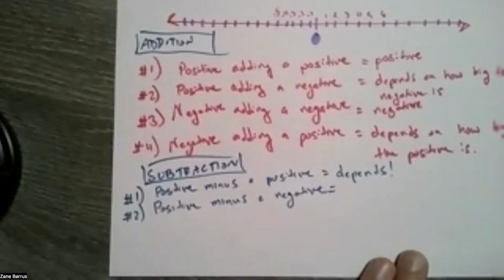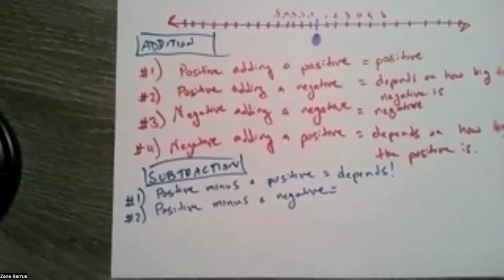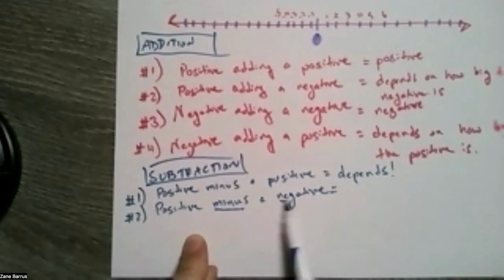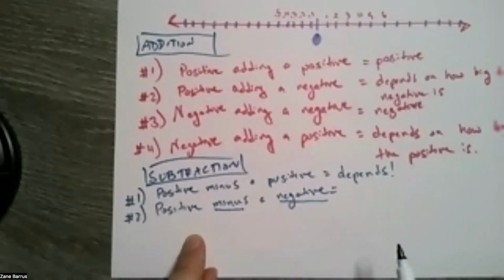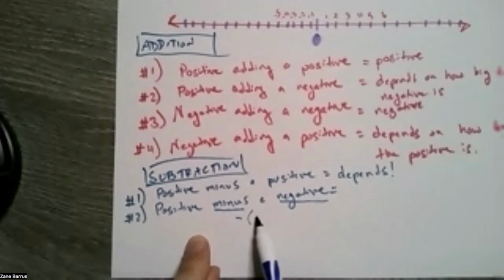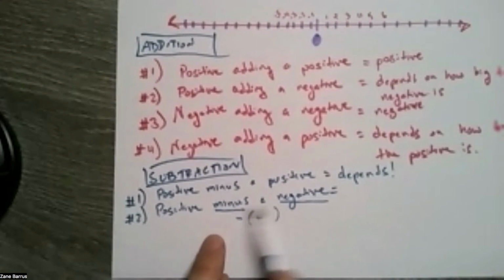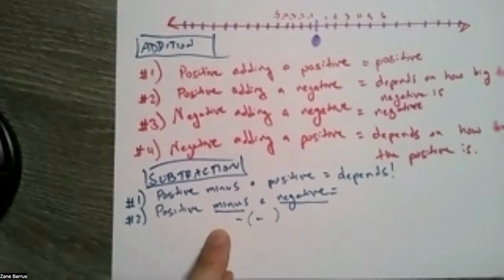Okay. Once again, depending. Now here's something to remember. You see how we have something minusing a negative. If we wrote that out, minus a negative, then it would be a pattern. Yeah. So remember from class that whenever you're minusing a negative, 2 negatives make a positive.